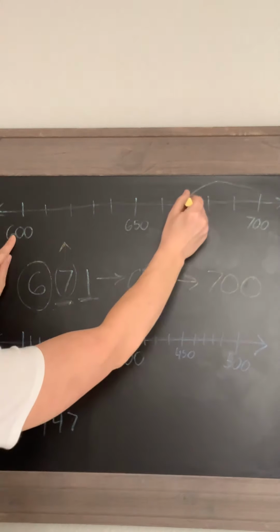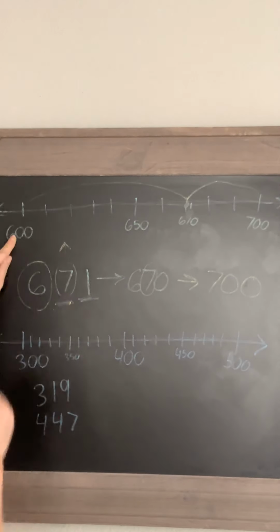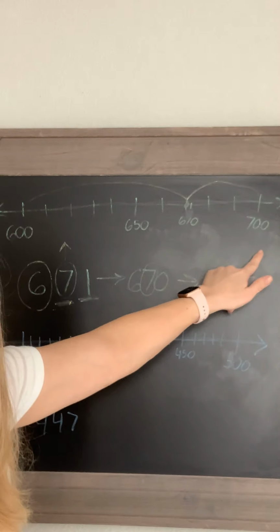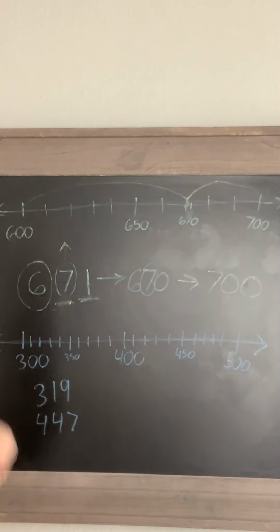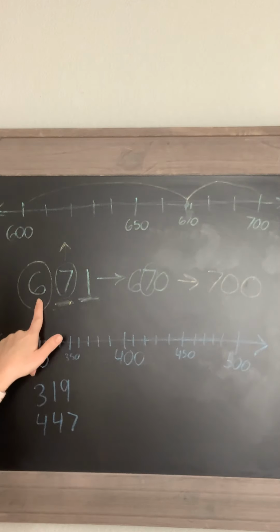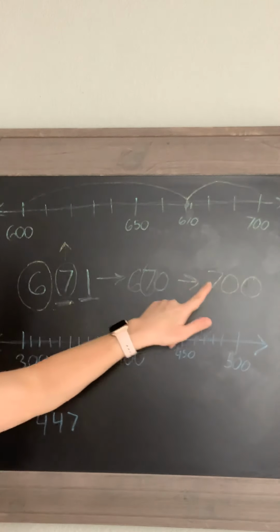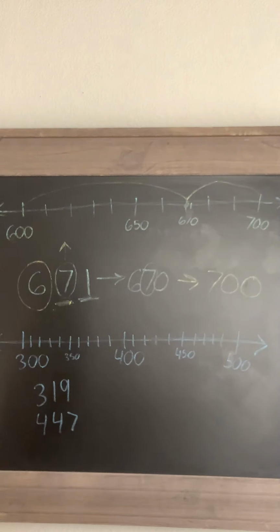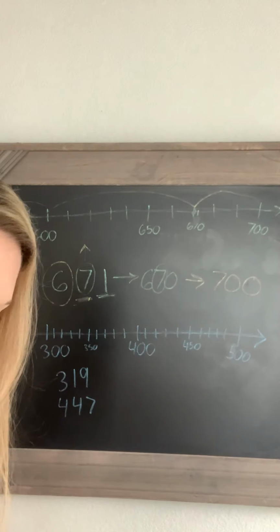Whereas 600 over here, you have this long distance to go. So it's way closer to 700 than it is to 600. So that's why you have to raise the score, and that 600 will round up to the 700s because it's closer.